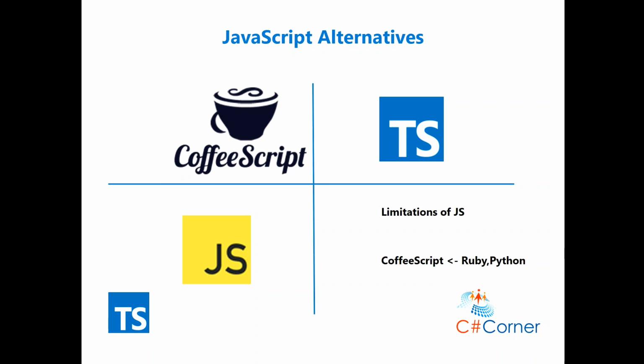Of course, there are a lot of alternatives to TypeScript to overcome the flaws and limitations of base JavaScript. Many alternative programming languages have come up, including CoffeeScript and TypeScript, which compare to plain JavaScript. CoffeeScript is the most widely used alternative to JavaScript.